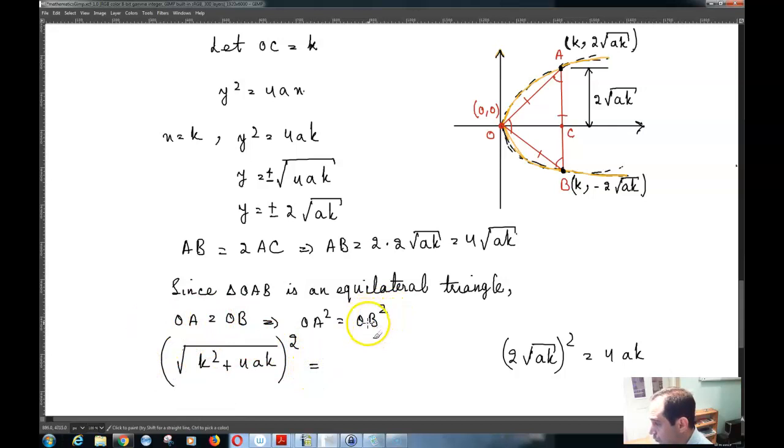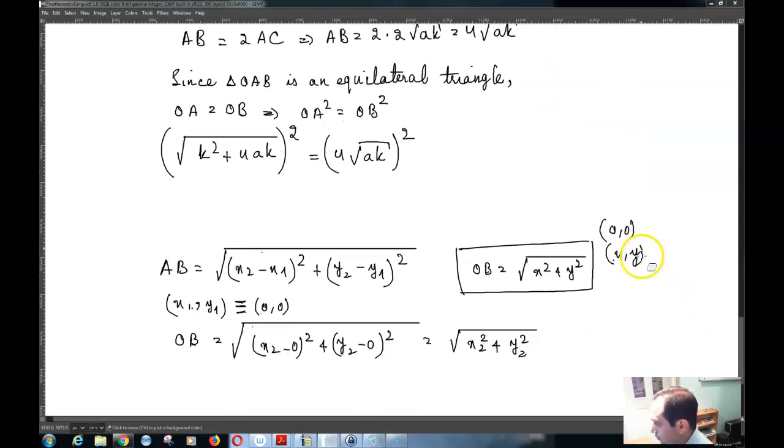And then I have OB. Since this is an equilateral triangle, the side that we calculated, AB, is the length of every side. It doesn't really matter which one. The length of every side is 4 times the square root of ak. So instead of the length of OB, I'm going to write 4 times the square root of ak and square it.